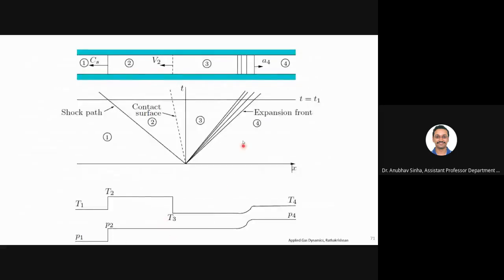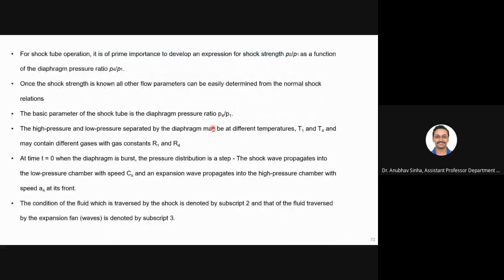Started from here, now the shock is moving left, so this region is 2, and the expansion wave has moved past, so this region is 3. That is how we use these subscripts. This is the convention that we will maintain in the detailed derivation.